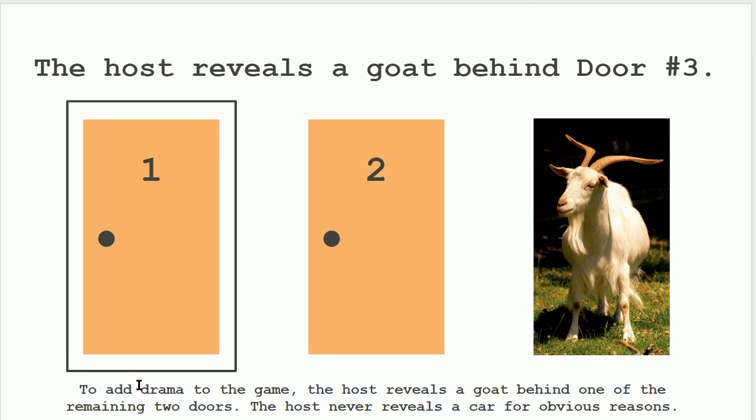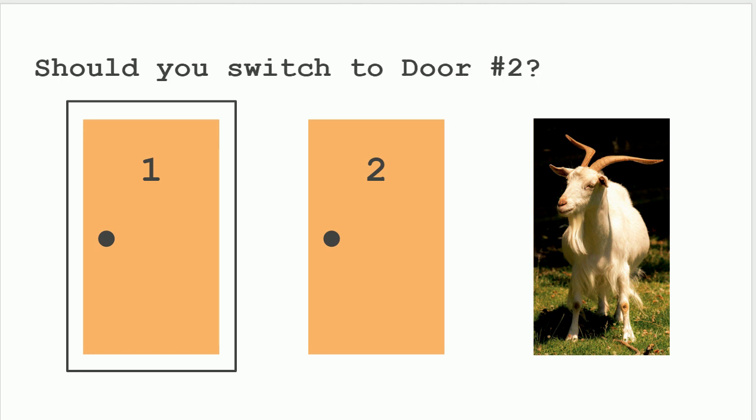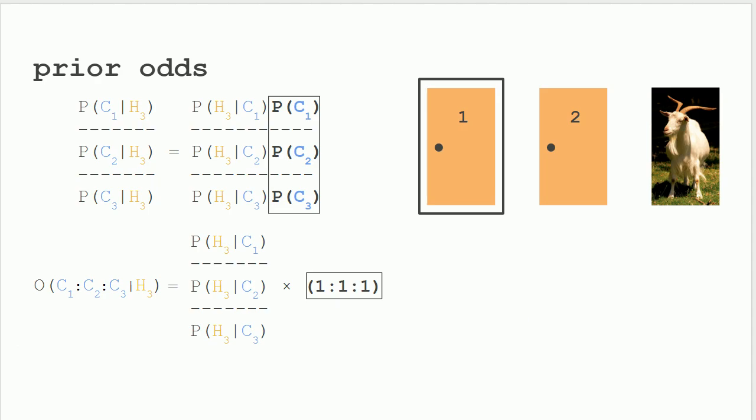Again, just to reiterate, you pick door 1. You're not told what door 1 is yet, but the host will always reveal a goat in one of the remaining 2 doors. Then you have to decide, should I stick with my original choice or should I switch to door 2? We can figure out the best strategy with Bayes' rule.